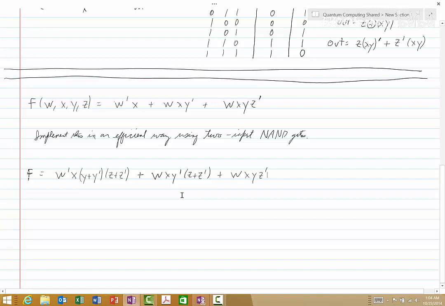Actually, let's see, would any condense? Maybe. Actually, I'm not sure that any terms would condense, because every term coming out of here would start with w prime x. Let's just see this for a moment.